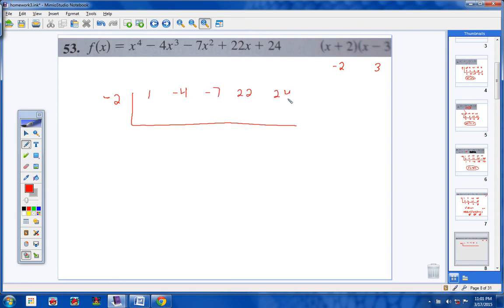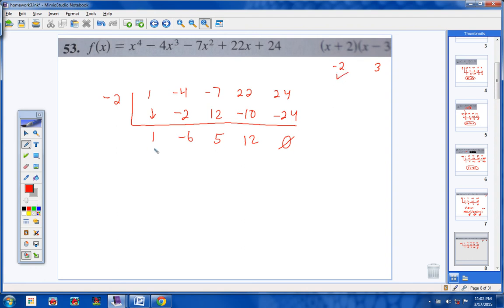So let's confirm that negative 2 is a 0, or in other words, confirm that x plus 2 is a factor. Multiply, combine, multiply, combine, multiply, combine, multiply, combine. So there we go. Check.